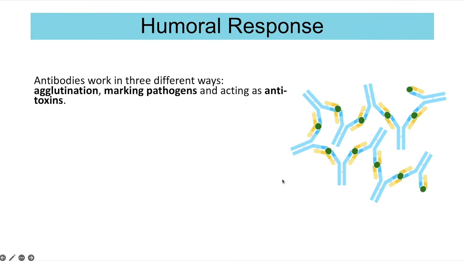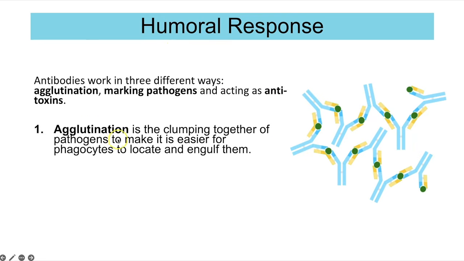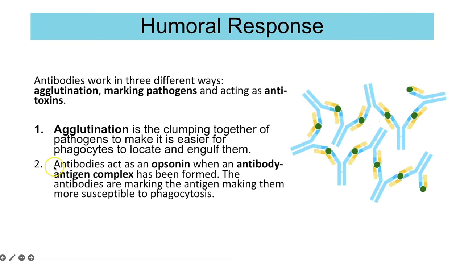And this is where it links to agglutination. So antibodies can work in 3 ways: agglutination, or through marking pathogens, and also acting as antitoxins. Agglutination is what we can see in this image. It's the clumping together of pathogens to make it easier for phagocytes to locate and then engulf the pathogen all in one go.